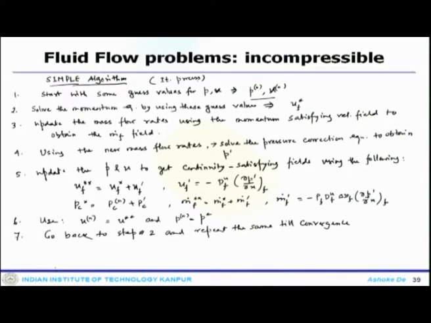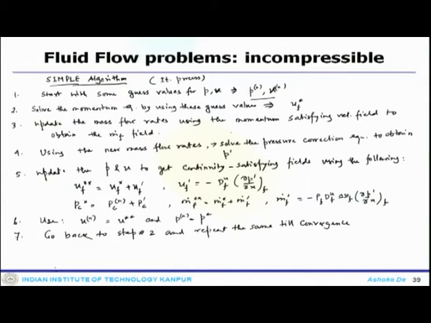So, you start with a guess value, then at the next level you solve the momentum equation, and once you solve the momentum equation, you get the intermediate fields, then you calculate your mass flow rates and all these things to check whether it conserves the mass flow rate or not.